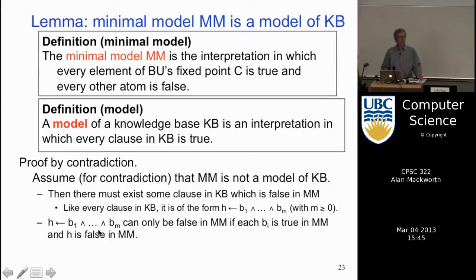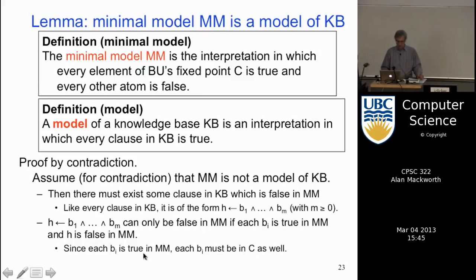The only way an implication can be false is if the body is true and the head is false, right? This should be second nature to you now. And we want that to be false for this reason, okay? So each of the BIs must be true in the MM and H is false in the MM.